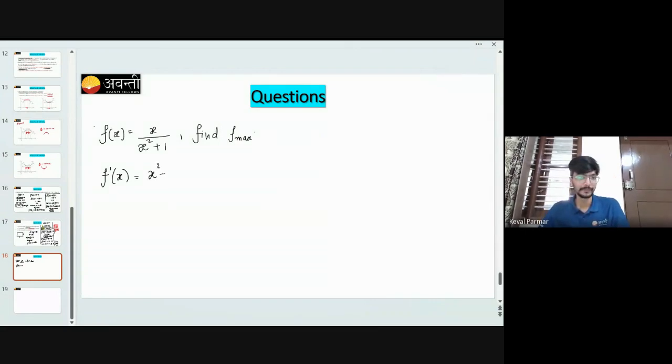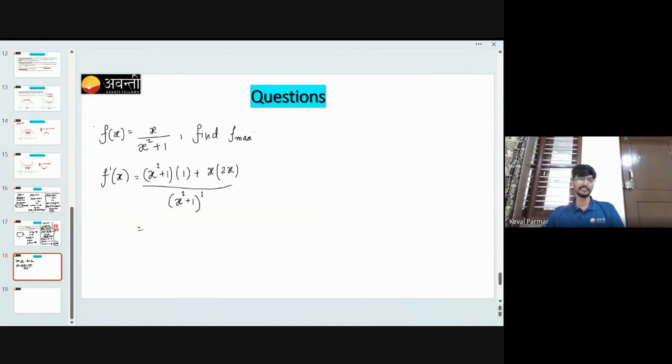So v times derivative of u, which is 1, minus u times derivative of v, upon v square, that means x square plus 1 the whole square.